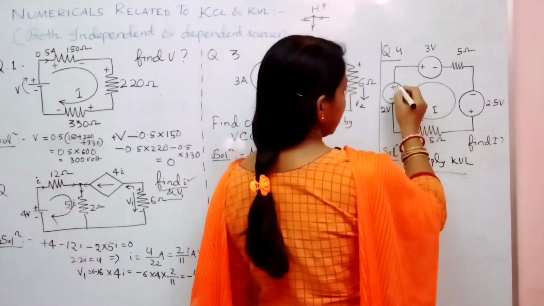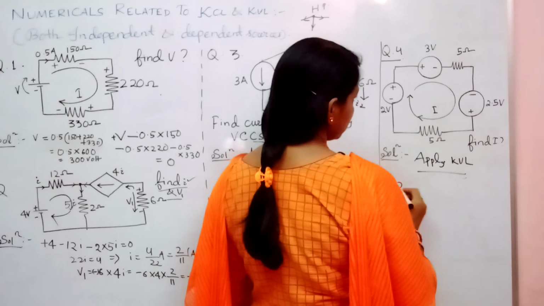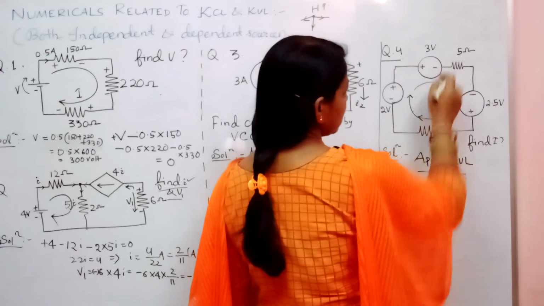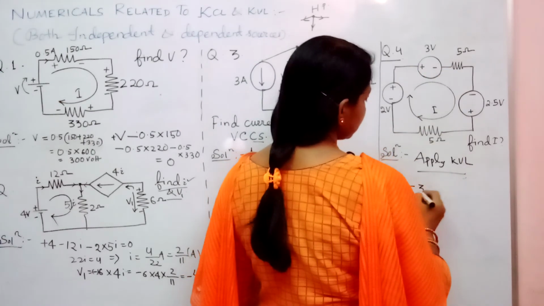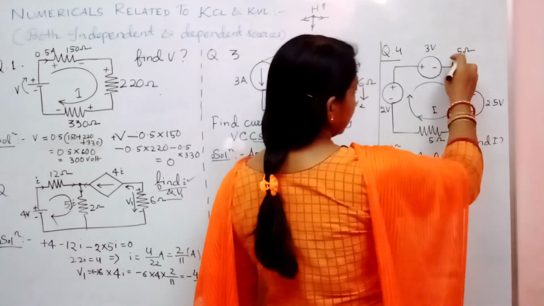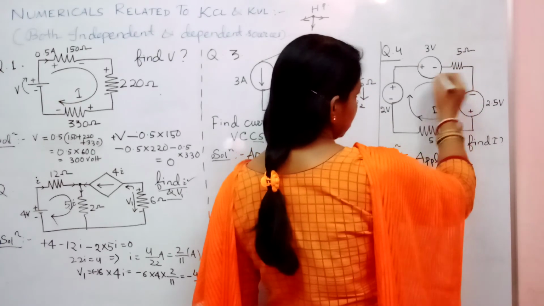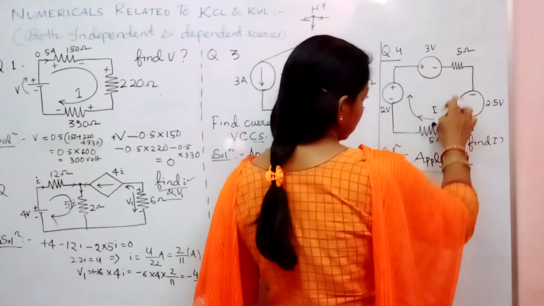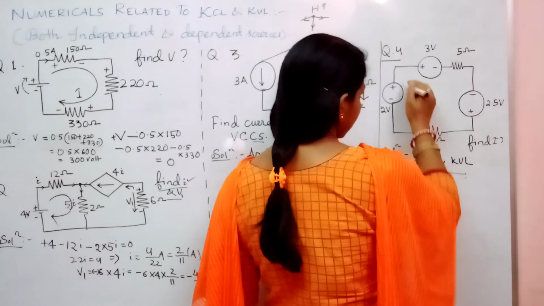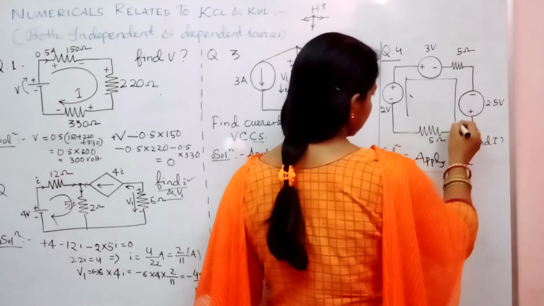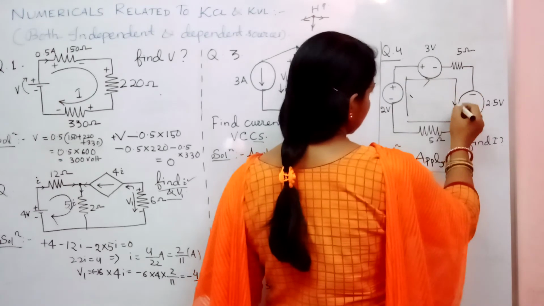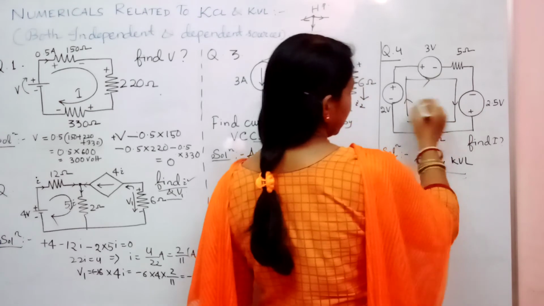Now it is going from negative to positive, so plus 2. Now it is coming from positive to negative, so minus 3 volt. Then here you see the direction. Otherwise, remove this and draw it like this, so that you will get more clarity.